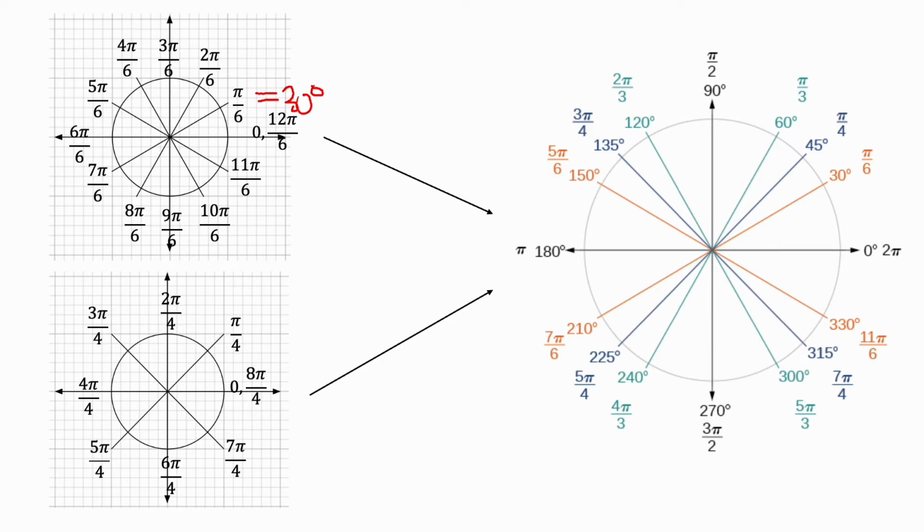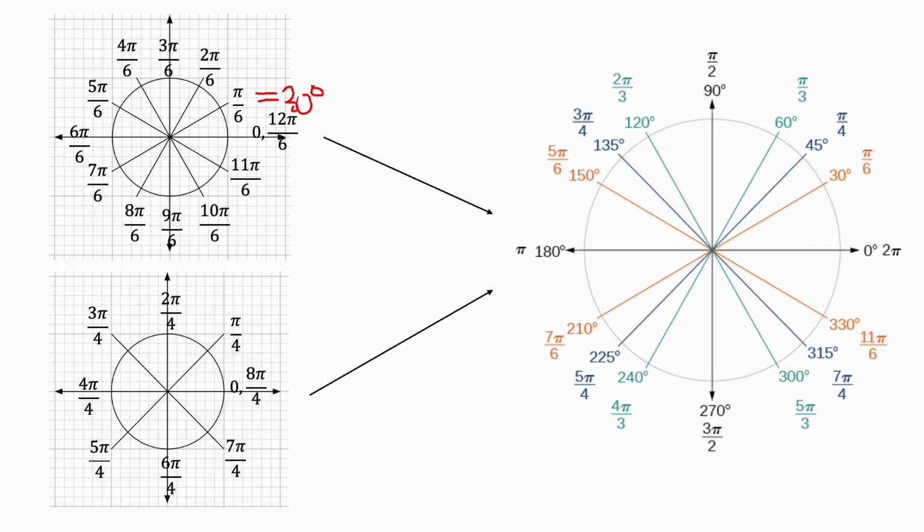But if you do it in radians and count in the radian measure, pi over 6, which is 30 degrees, this is 1 pi over 6, 2 pi over 6, 3 pi over 6, 4 pi over 6, 5 pi over 6, 7 pi over 6, 8 pi over 6, 9, and so on as you go around. Really you just have to count by sixths, right?